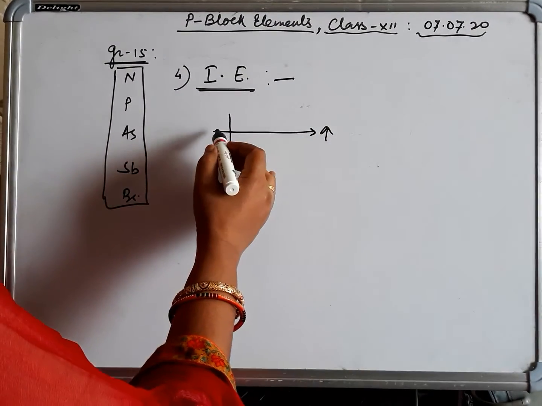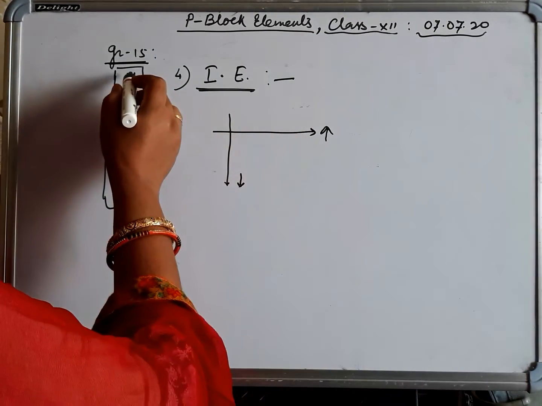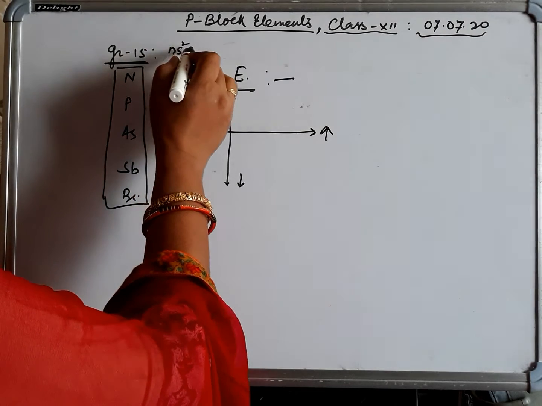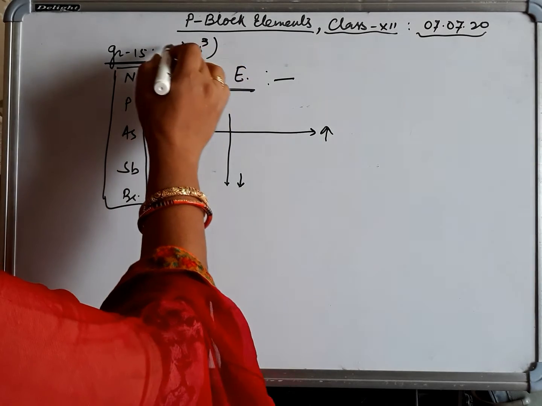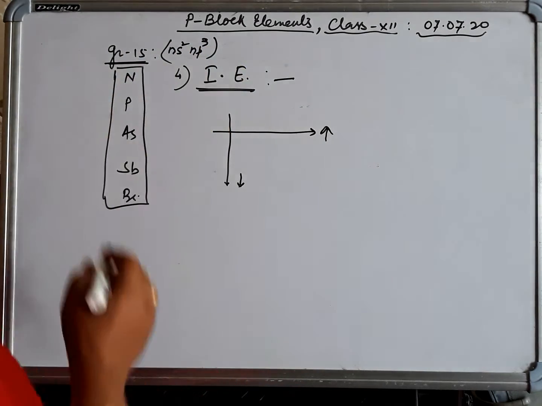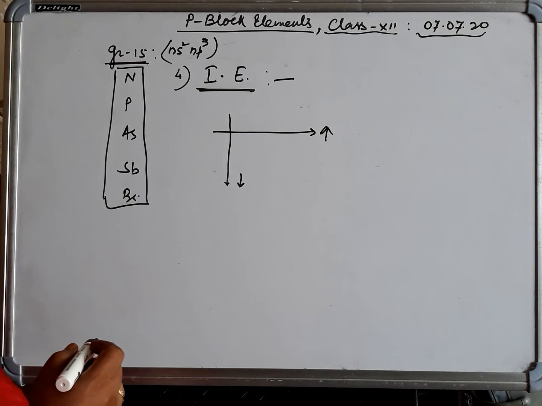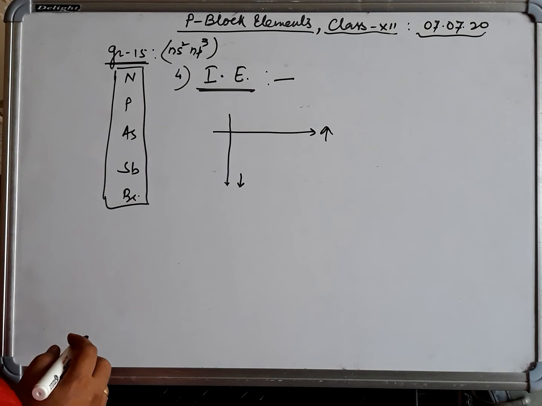Now, the electronic configuration of nitrogen is 2s2 2p3. Here we see that nitrogen has 3 electrons in the p orbital, which means it has extra stability.